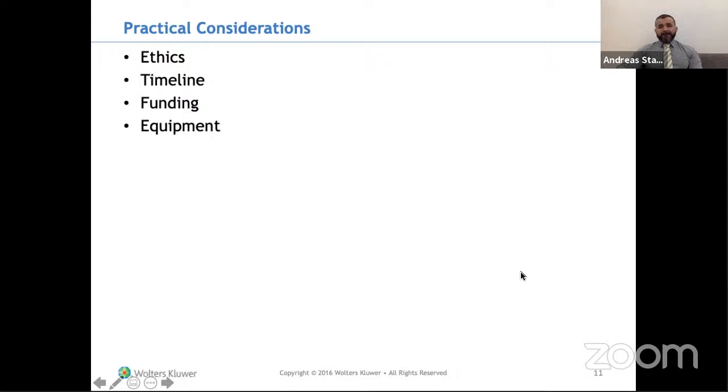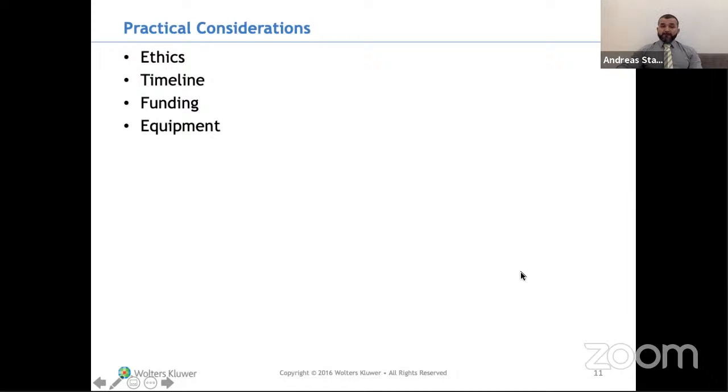Timeline, you have to have a timeline, right? Even when you're submitting for an IRB approval, they usually give you a year. If you need more, they will give you more as far as you make a case that I need more time to collect additional data. But you have to have a timeline. You have to figure out if you need funding and how you're going to find that funding.